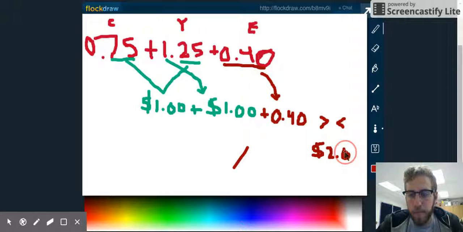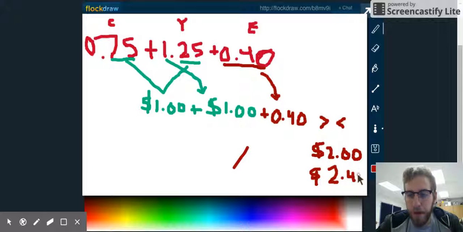And we can look at these numbers and see that $1 plus $1 is $2. $2 plus 40 cents is $2.40. So we know that is a larger number than $2.